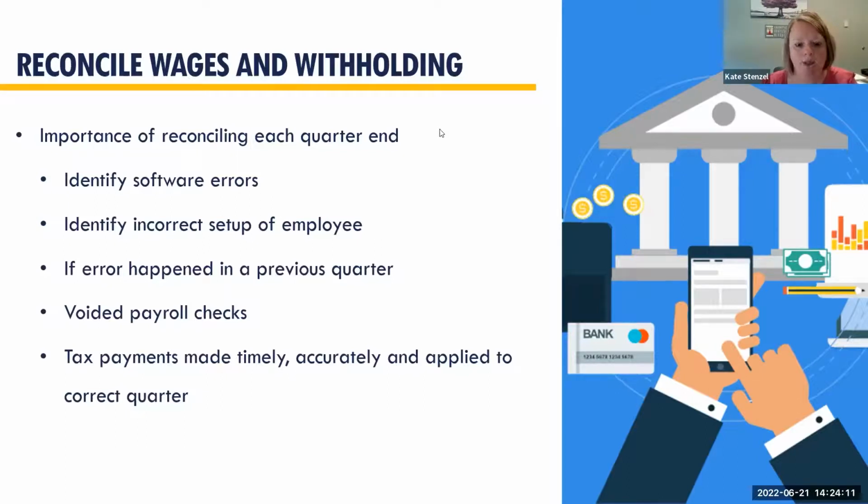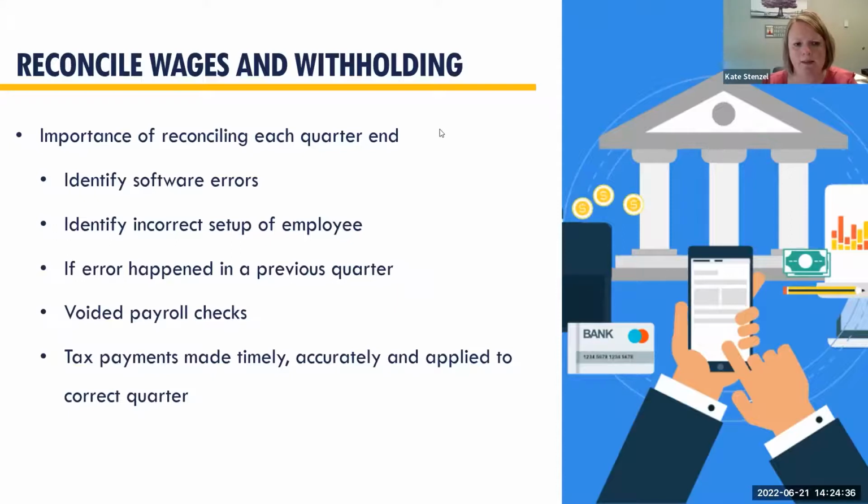If an error happened in a previous quarter, how are we going to go back and fix that? If you have to amend returns, that's like what we talked about, going back and fixing an error for first quarter when it's actually fourth quarter. How to avoid that: if you had to void a payroll check in your system and your year-to-date's off, if you can tie these wages out every quarter, you could have an overpayment in taxes as well.